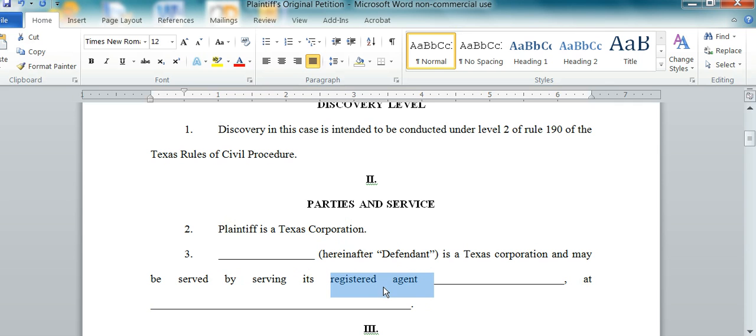And so the allegation here would be to identify the defendant, to tell the court or the constable that you can serve the defendant by serving his registered agent. The name would go here. Then the address of the registered agent would go here. If there's more than one defendant in a lawsuit, they will be listed here in this paragraph, and their names and how they can be served.